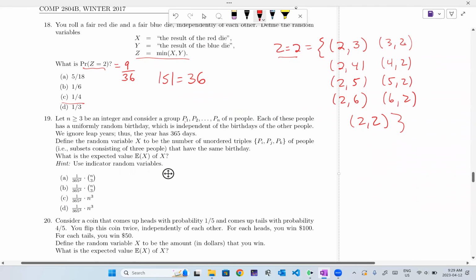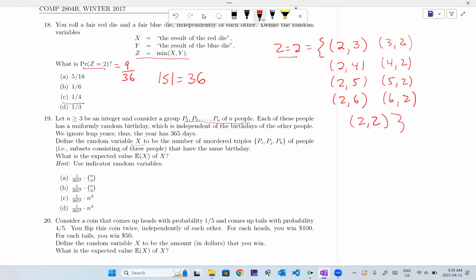Consider a group of n people, and let X be the random variable of unordered triples of people that have the same birthday. What is the expected value of X? Use indicator random variables. So the problem is I have a room full of people, I take any 3 and ask, do you all have the same birthday? And you either answer yes or no, and I do that for all possible triples.